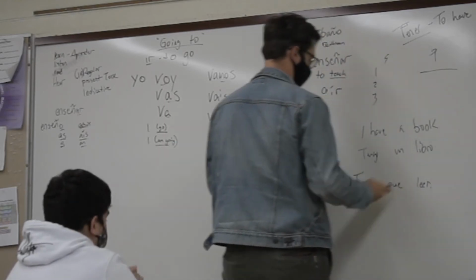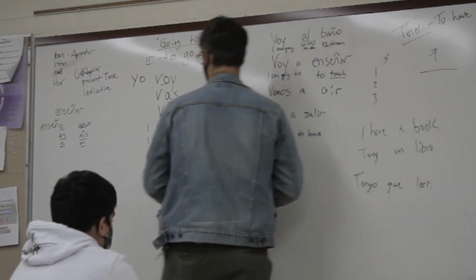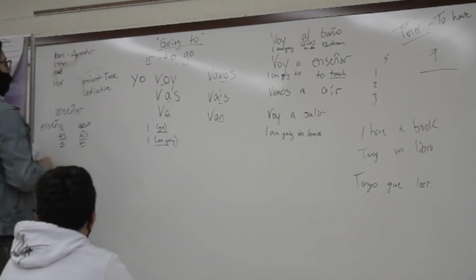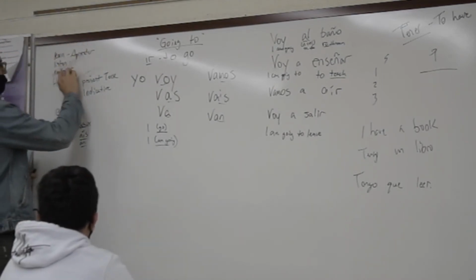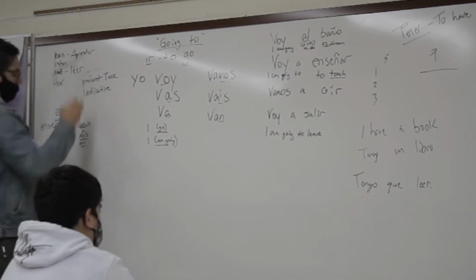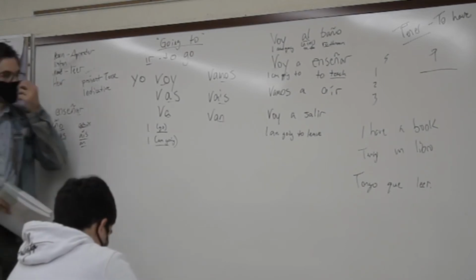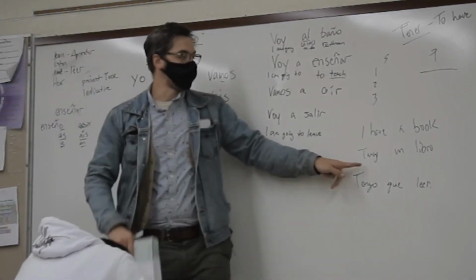So sticking with the theme of a book, tengo un libro means I have a book. To read is leer. Okay? So leer means to read. So if we want to say I have a book, it's tengo un libro.